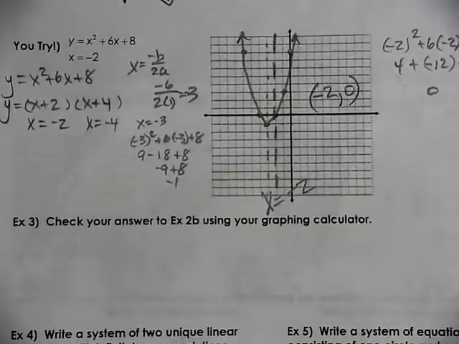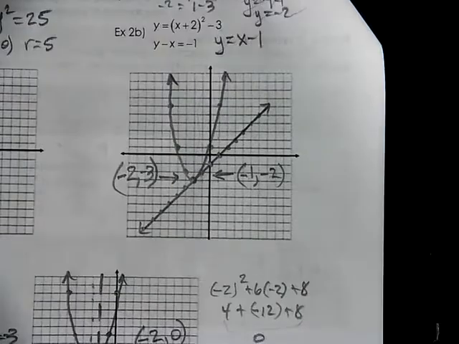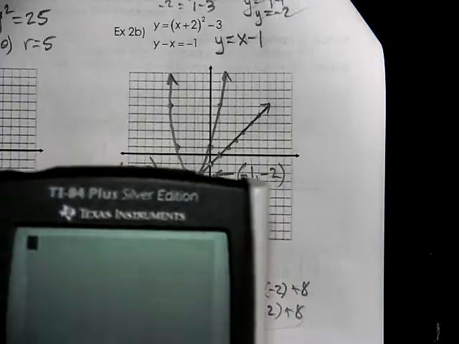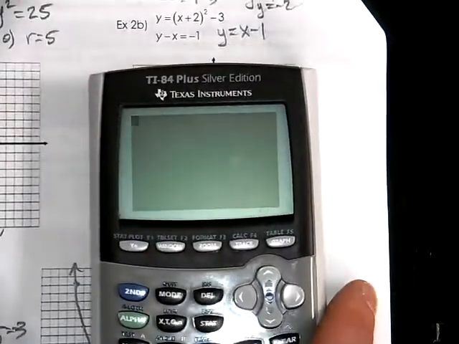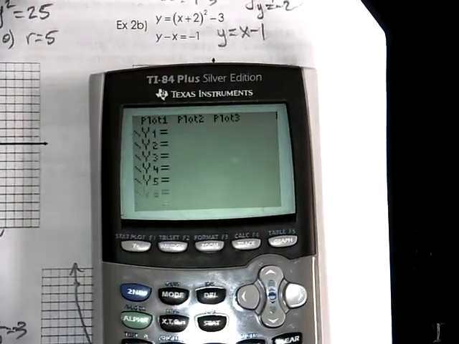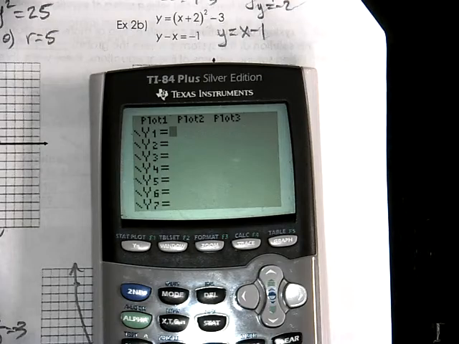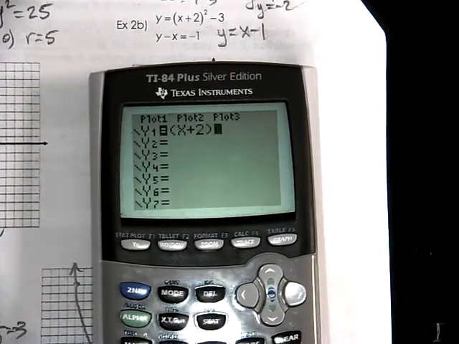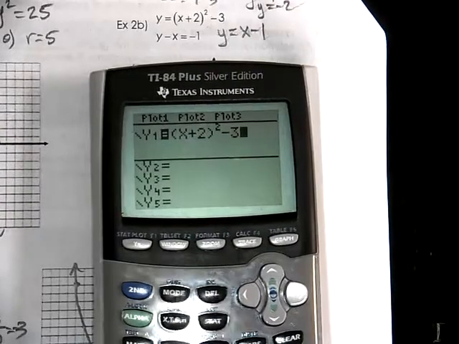All right, for us to check this out, let's see, example number 2. Example number 2 is here. So, for us to practice checking this, we go to y equals, and we would say (x plus 2) squared minus 3.